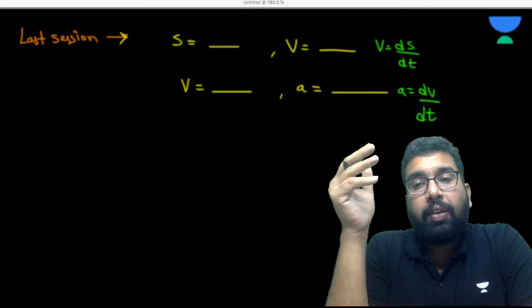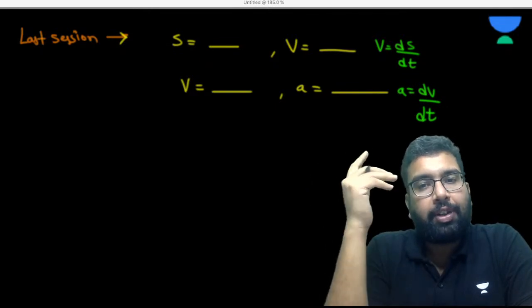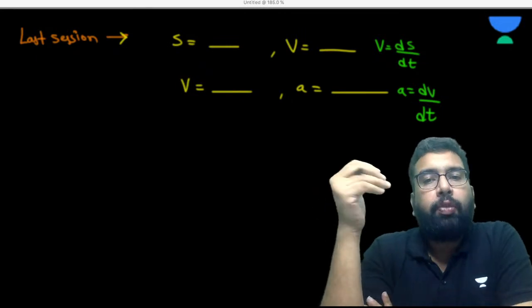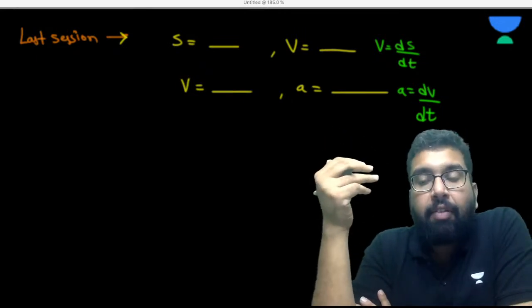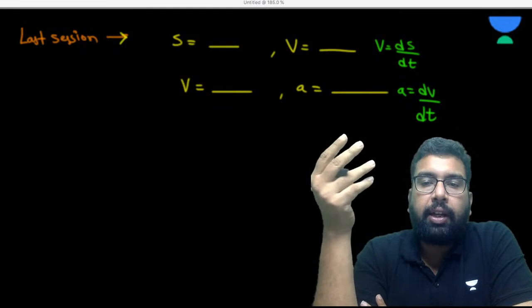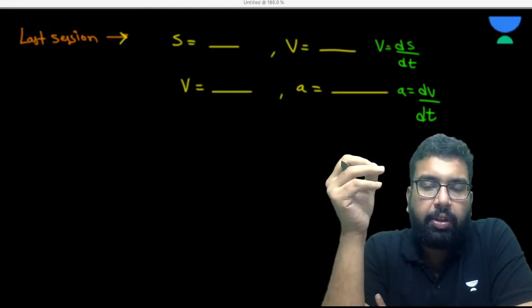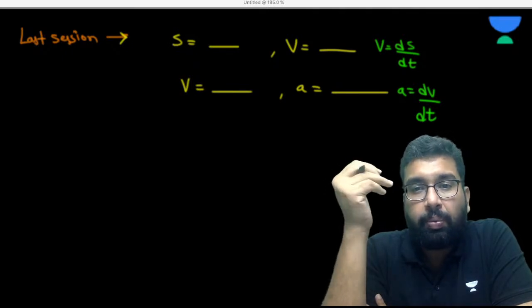Now if we want to make a reverse journey, if we want to move in the reverse direction, that is, if we know the velocity and want to get the displacement, or if we have acceleration and want to get the velocity, what should be our approach?